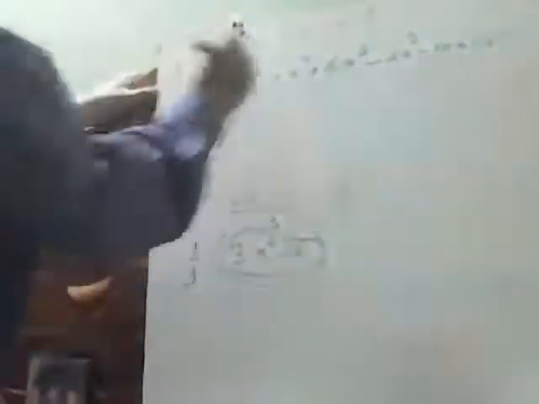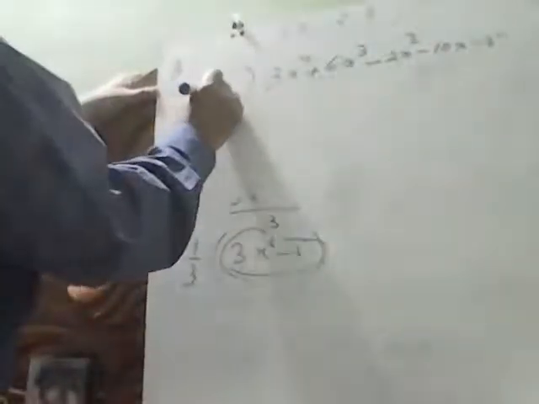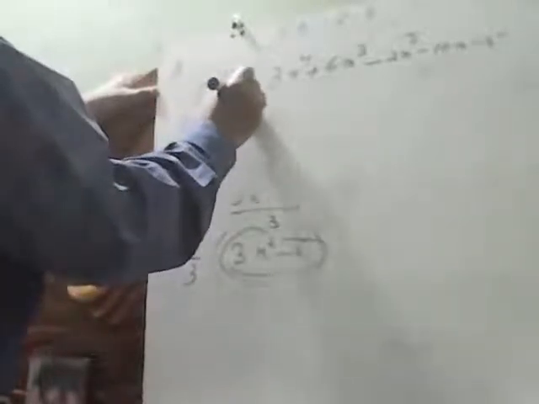Divide this given polynomial by 3x square minus 5. Whatever quotient comes, you will observe after completion of the division that the remainder will be 0. As it is given, 3x square minus 5 is a factor, so the remainder must be 0.